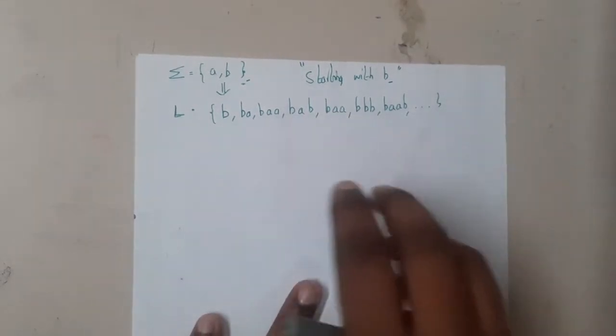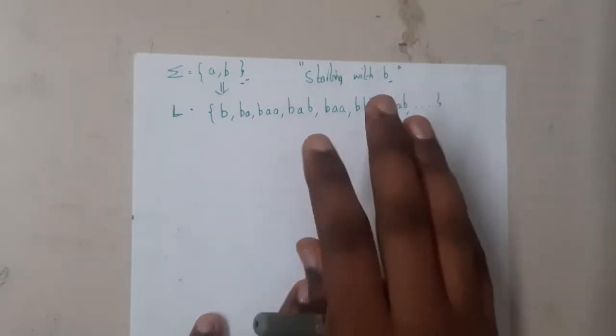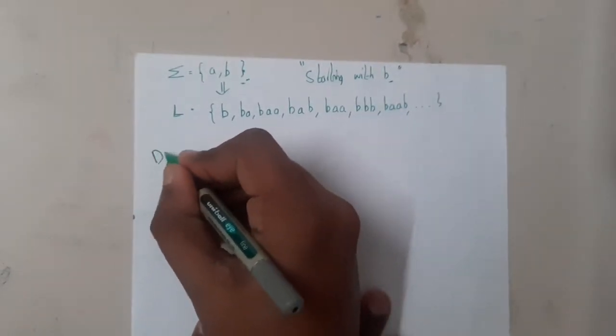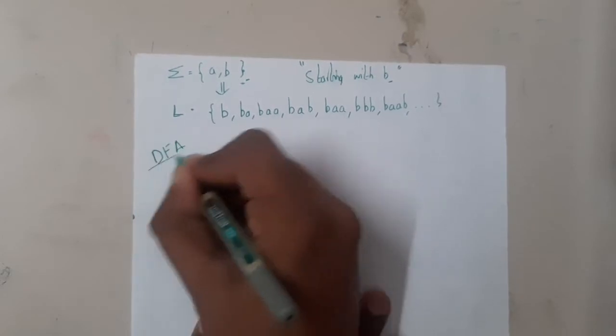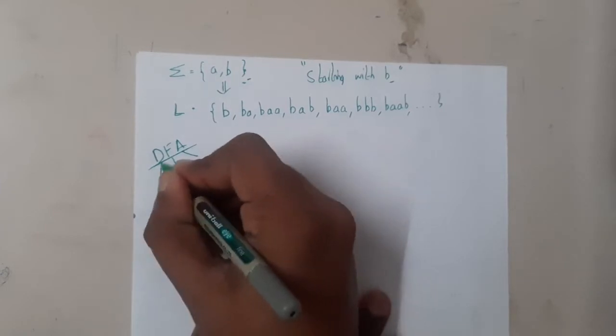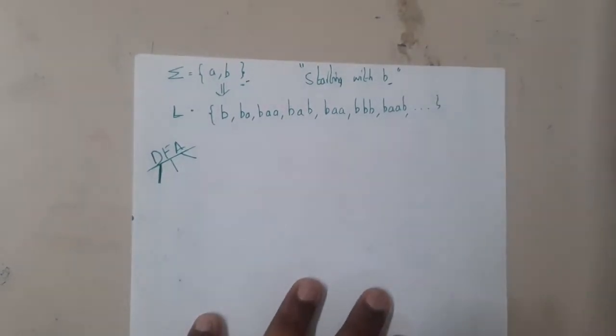If we spend some time designing a particular finite automata with respect to determinism, it will be really easy for us, right, guys? The diagram we are going to draw is a DFA, guys. The full form of DFA is deterministic finite automata. I'll explain what exactly is meant by determinism also, so don't worry.